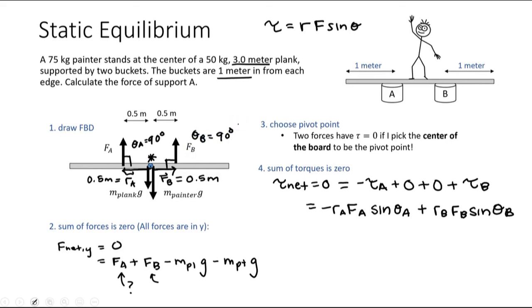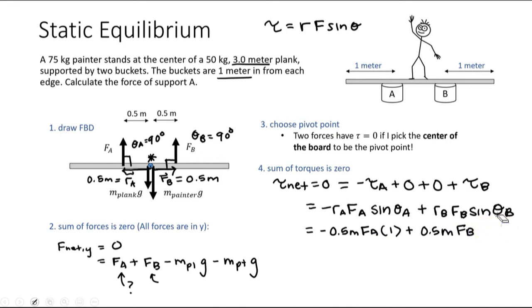Perfect. Okay, so then we end up with minus 0.5 meters times FA times the sine of 90 degrees, which is just 1, plus RB, which is 0.5 meters, times FB, sine of 90 degrees, which is just 1.